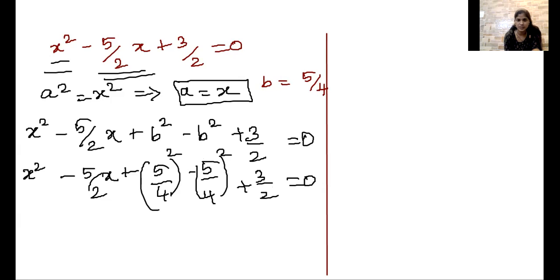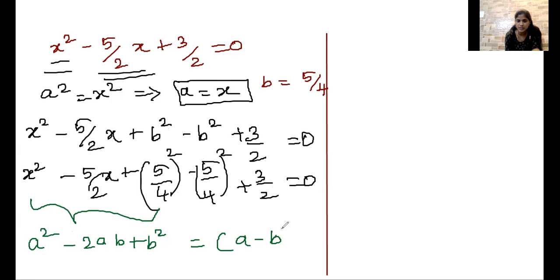So step 3 is to check the first 3 terms. I can say the first 3 terms are in the form of a square minus 2ab plus b square, right? So I can rewrite the first 3 terms as a minus b the whole square, right?